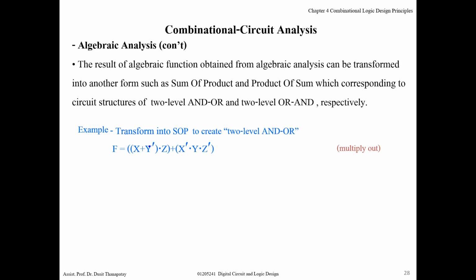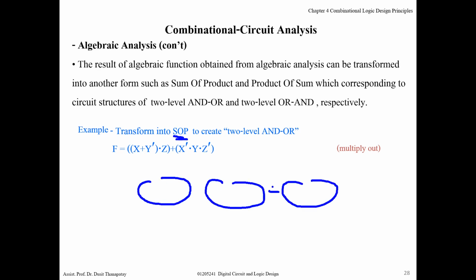If I want to transform this expression to sum of product, sum of product means there are many product terms summed together. For each term is a product between input variables. That means, how to arrange this expression.